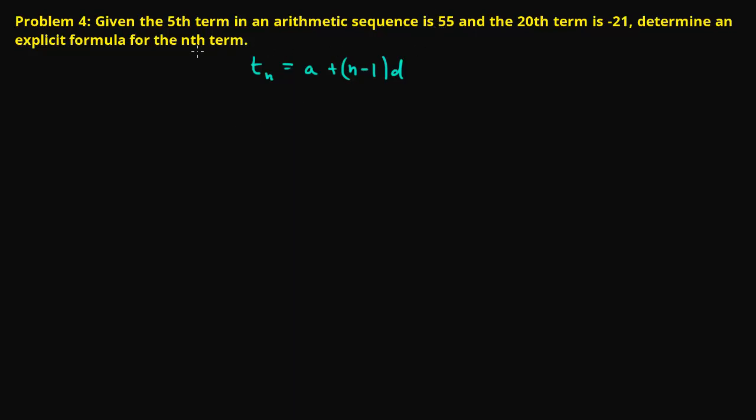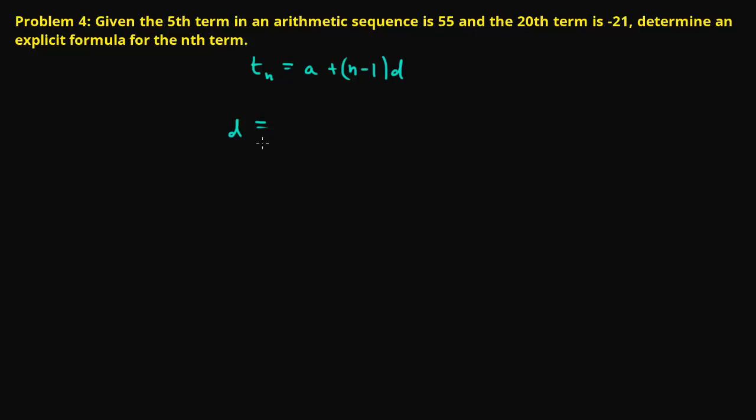If the 5th term is 55 and the 20th term is negative 21, we would have added the common difference 15 times to 55 to get negative 21.